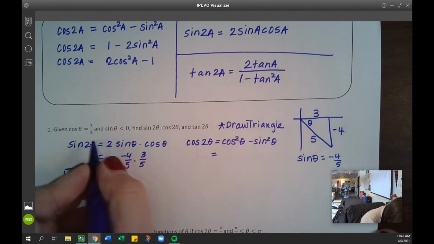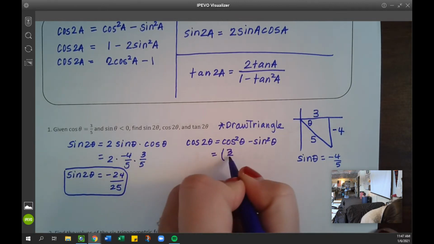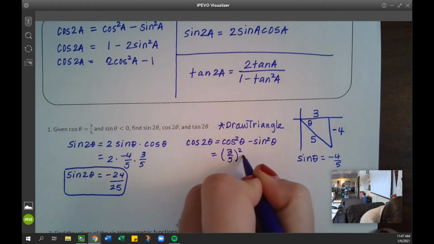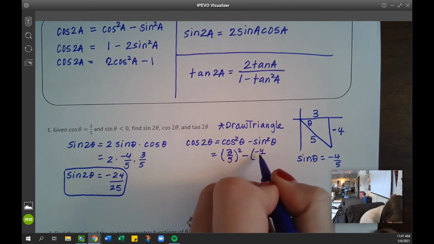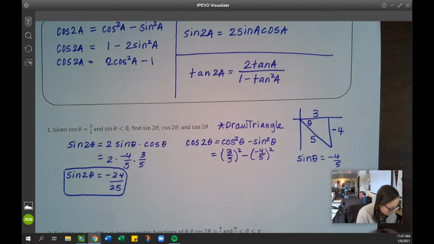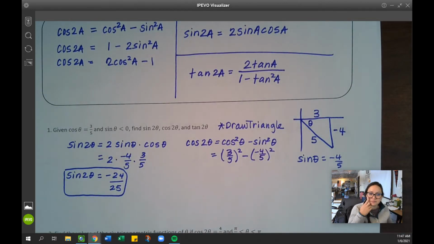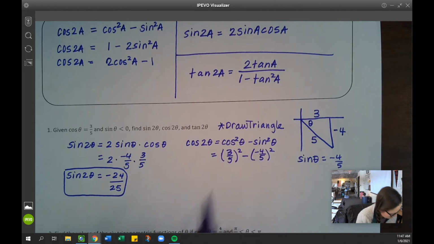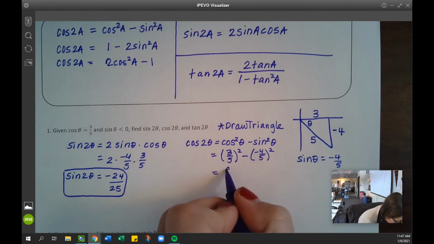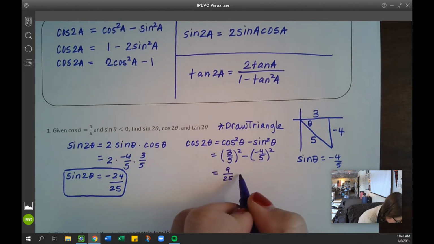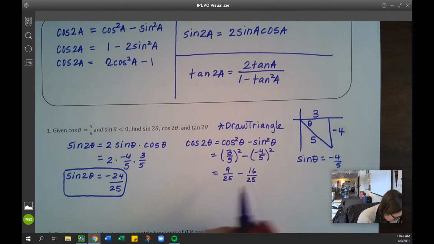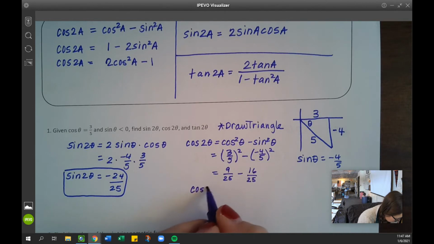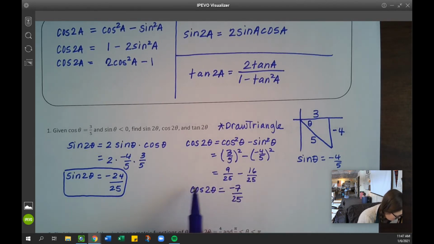So cosine was, again, what was given to us. So I have 3/5 squared minus sine theta is -4/5 squared. 3/5 squared is 9/25. 4/5 squared is 16/25. And then we do the subtraction, -7/25.